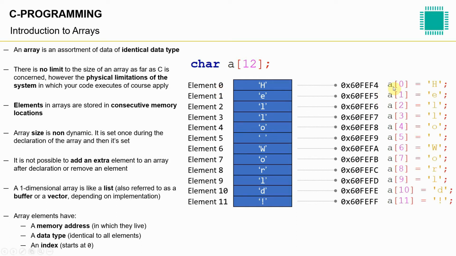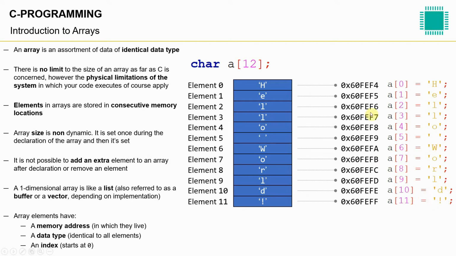This is how you would go about initializing this array so that it has hello world in here, as you can see. So A0, this is a reference to the element of the array, equals, and then I've put the character H, E, L, L, O, and then I have some empty space here, and then world.